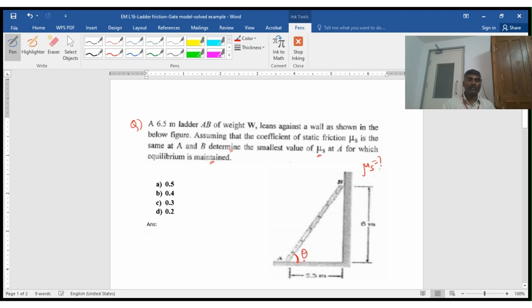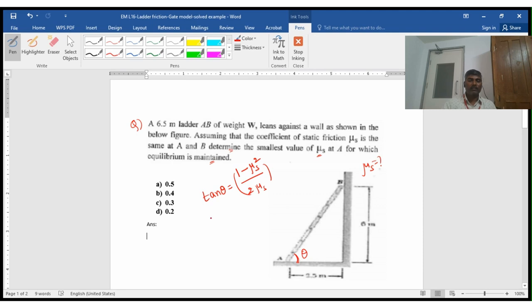So I take tan theta of it, and it is (1 minus mu s square) divided by 2 times mu s. This is the relation between the coefficient of friction between the ladder and wall and floor, and the angle made by the ladder with the floor. Keep this in mind.